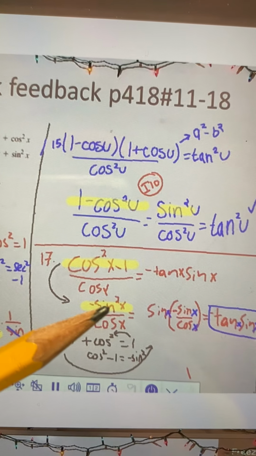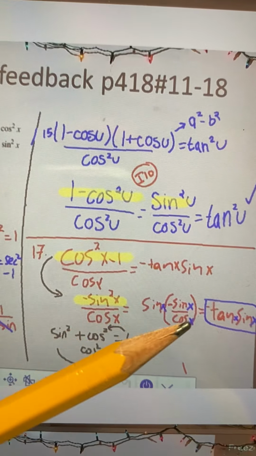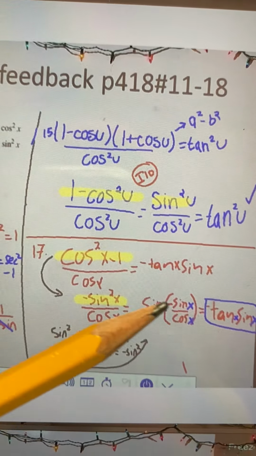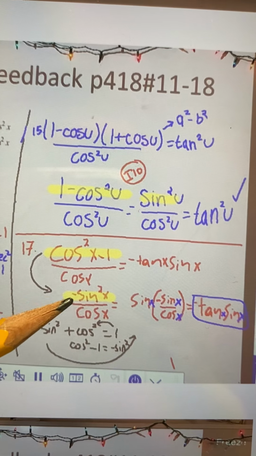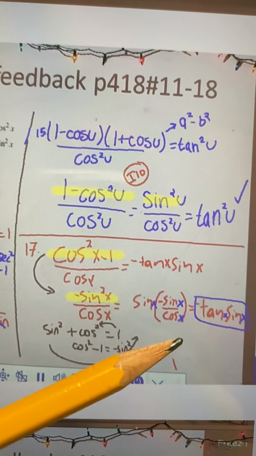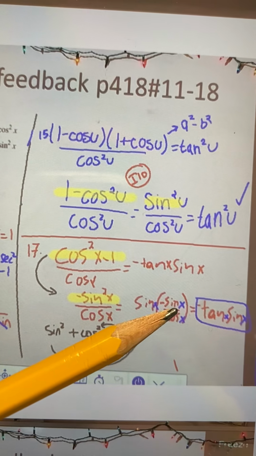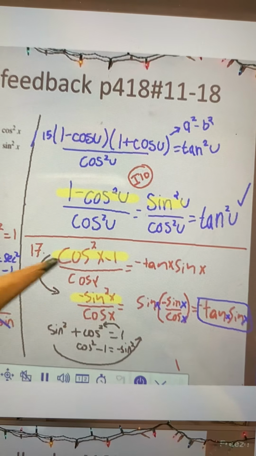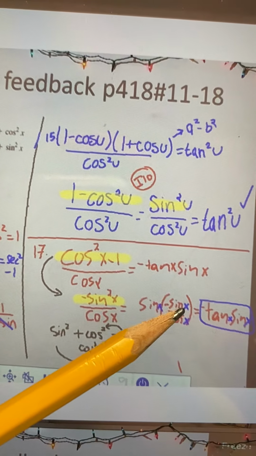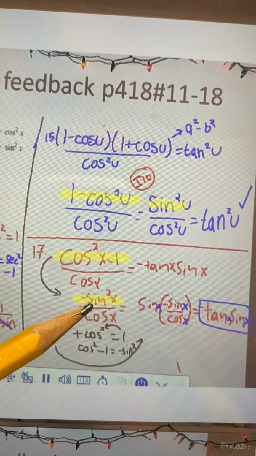But this has a sine squared, so I'm going to split it up to sine and sine, sine multiplied by sine. And I'm going to put the negative next to the sine, because that way I can get that negative tan. So negative tan multiplied by sine. Again, let's double check. Negative sine multiplied by sine is negative sine squared over cosine. So this is exactly what we needed.